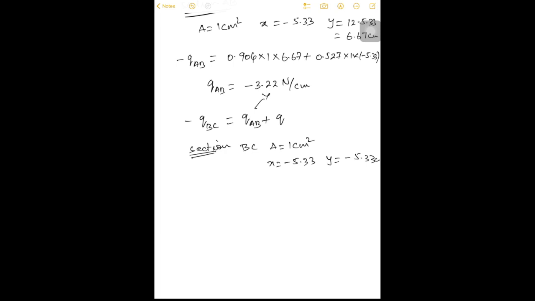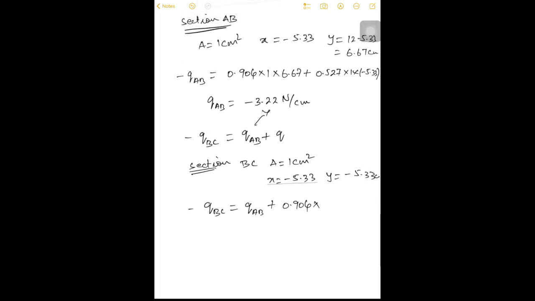So we substitute in the equation, that will be minus QBC equal to QAB plus 0.904 into the area 1 into minus 5.33, plus 0.527 into the area 1 into the value of X, minus 5.33.